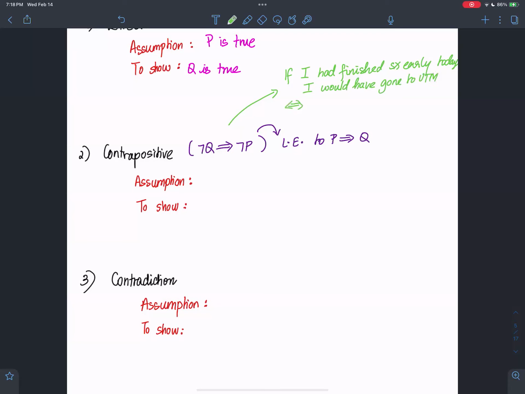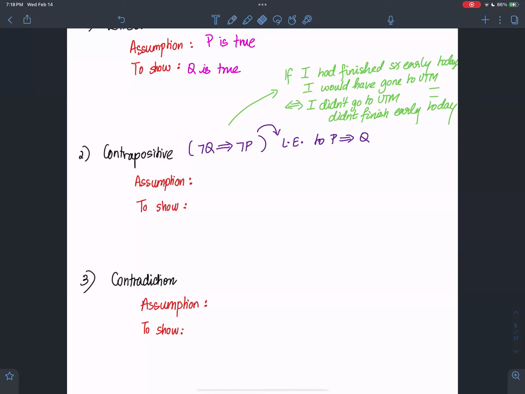This is the same as saying, I didn't go to UTM because I didn't finish early today. Do you see the same thing, basically, in English? So I'm saying, if I had finished surgery early today, I would have gone to UTM. Conversely, I can easily say, I didn't go to UTM today because I didn't finish early today. Or I can say, I didn't go to UTM today, hence, I didn't finish surgery.